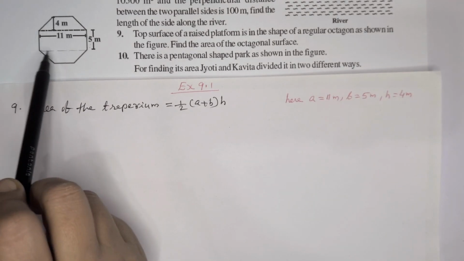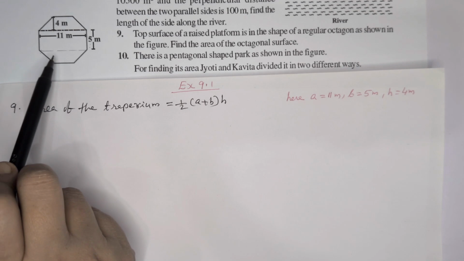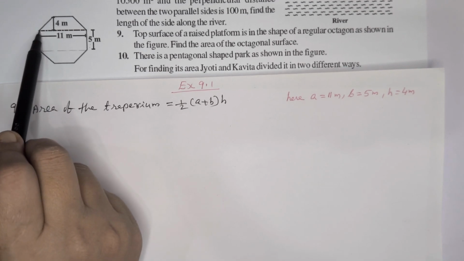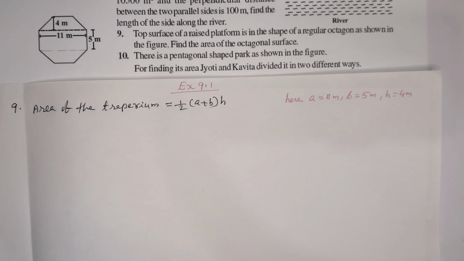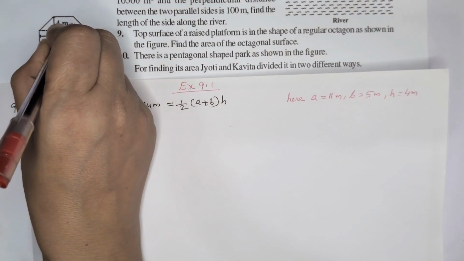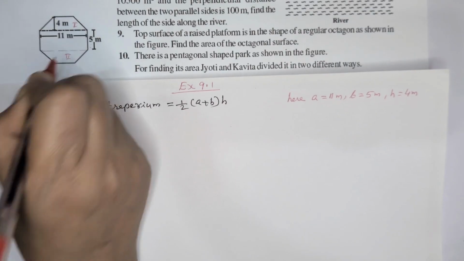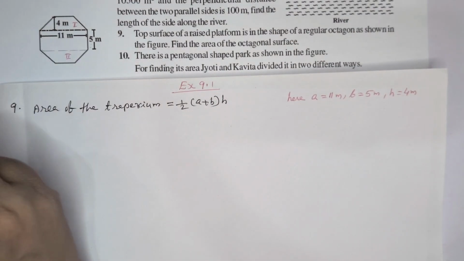To find the area of this octagon, regular octagon, we can divide this octagon into 2 trapeziums. This first trapezium, down also we will get another trapezium. 2 trapeziums are there, and in the middle we are getting a rectangle.